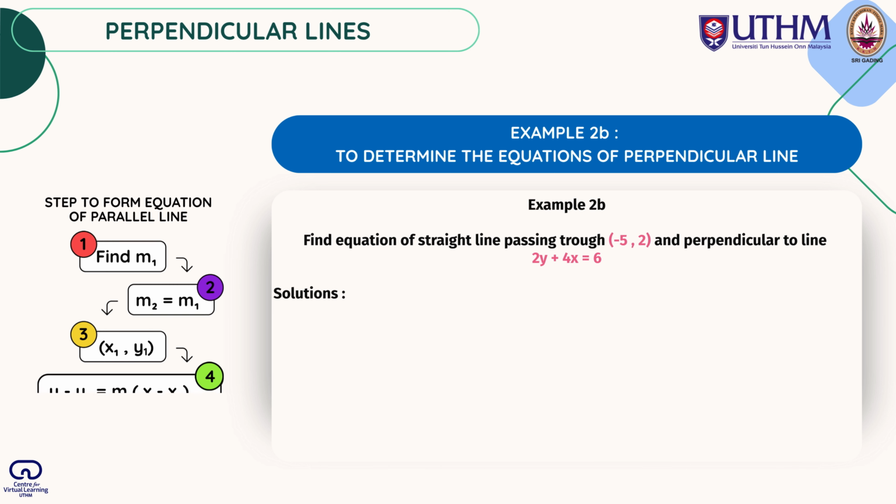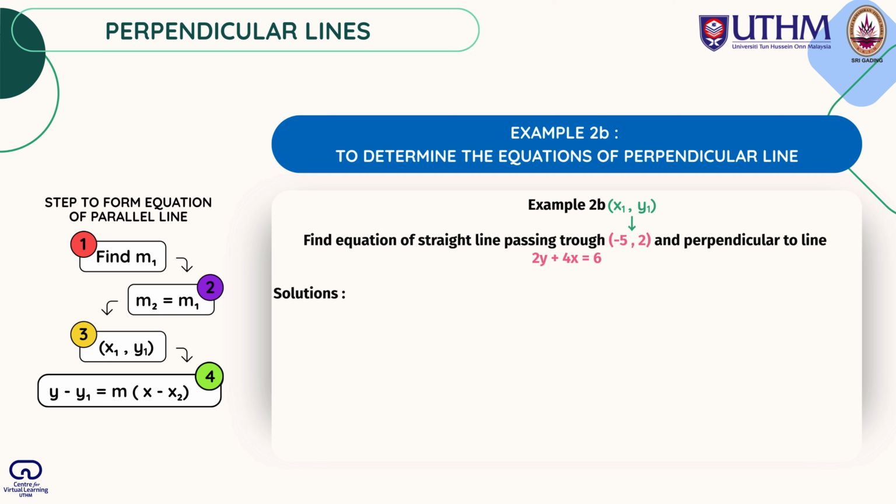Example 2b, another perpendicular line example. Find the equation of a line perpendicular to 2y plus 4x equals 6 and passing through the point negative 5, 2.